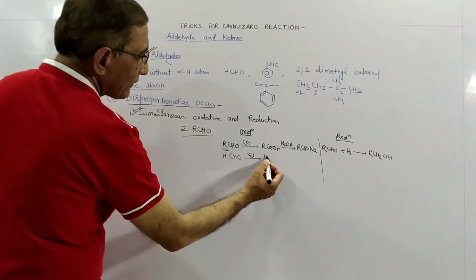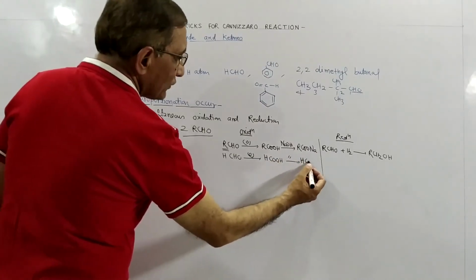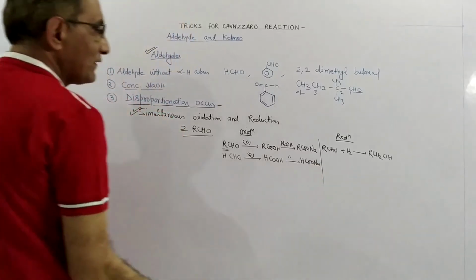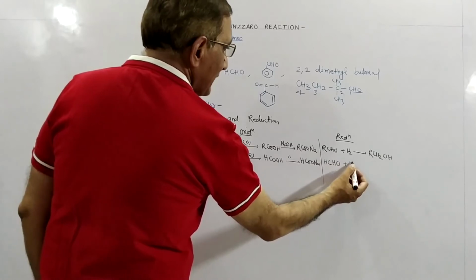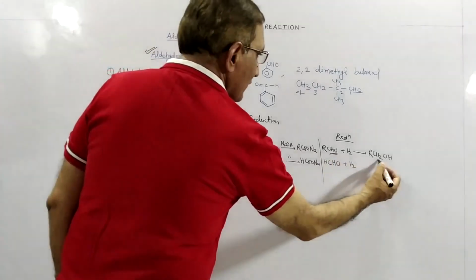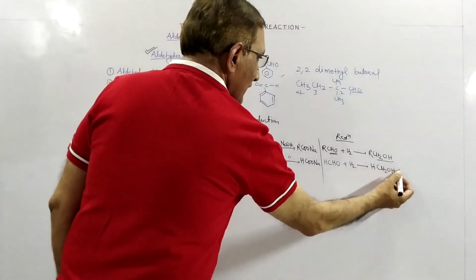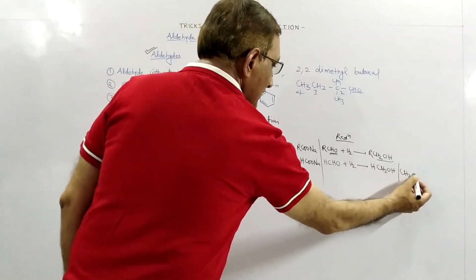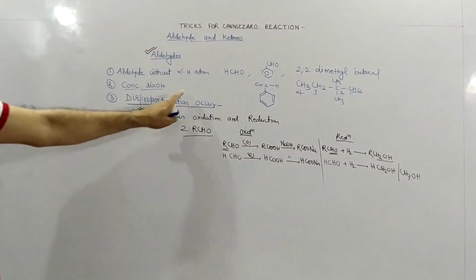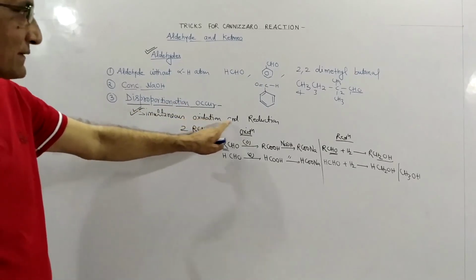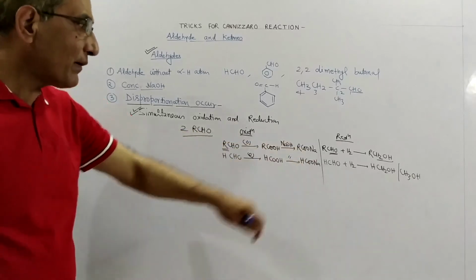Then you will get formic acid, and in the presence of alkali you will get HCOONa. Similarly, here if R is H, it means formaldehyde, and now this CHO converts into CH2OH. So you can write it as CH2OH, or simply CH3OH. It means in a disproportionation reaction there will be simultaneous oxidation and reduction. One molecule will undergo oxidation, the other molecule will undergo reduction.